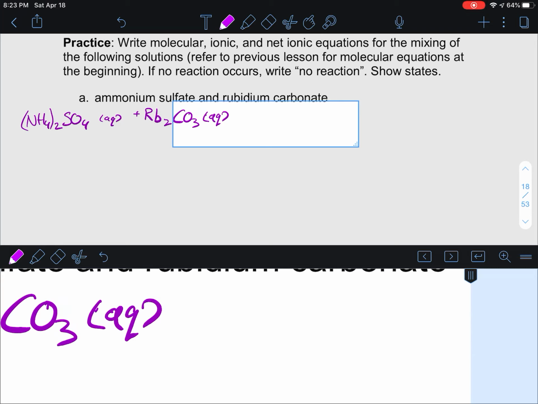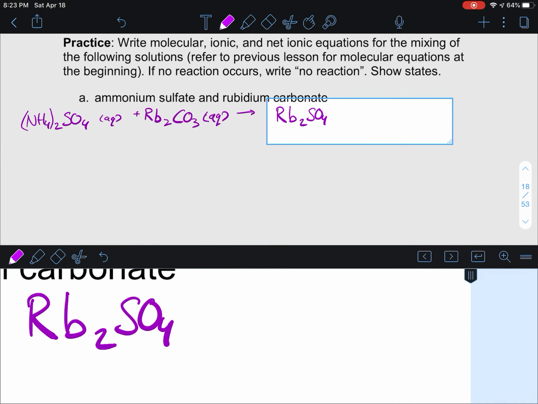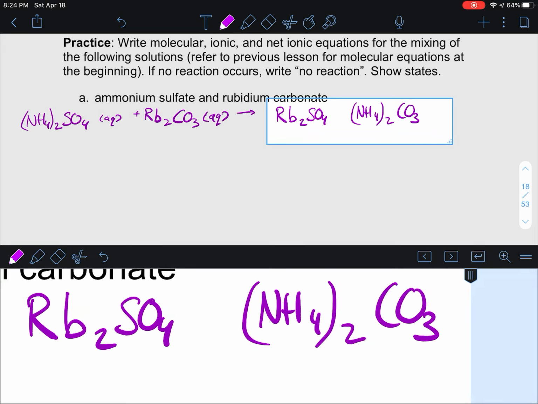Yep. Okay. All right. So when we carry this through, we do a little swap of partners here. Rubidium is going to now be sulfate's partner. And it's also going to be ammonium with the carbonate. And we notice that the chemical reaction is already balanced.